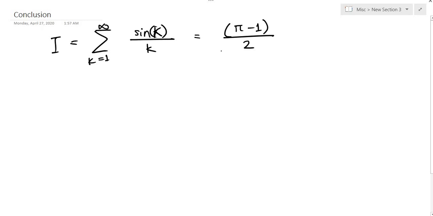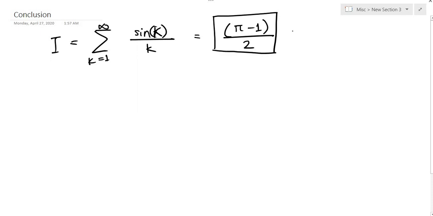And the interesting thing is, if we did not have a sine in the numerator and just had 1, then this would diverge. But the fact that we have a sine actually makes this series converge to pi minus 1 divided by 2.